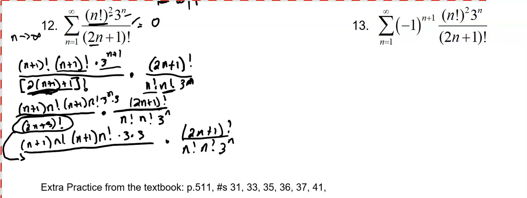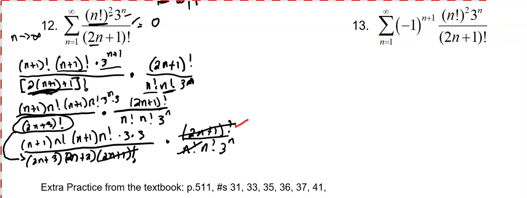I only need to take this down so that it would reduce with this one over here. So see how this is a 2n plus a 1. So we're going to take that 2n plus a 3, do 2n plus 3, 2n plus 2, 2n plus a 1, and then there's no need to do a 2n minus a 1. We're just going to put the factorial behind it, because from this point on, every term in this one would cancel out with every term in that one, so overall those cancel.